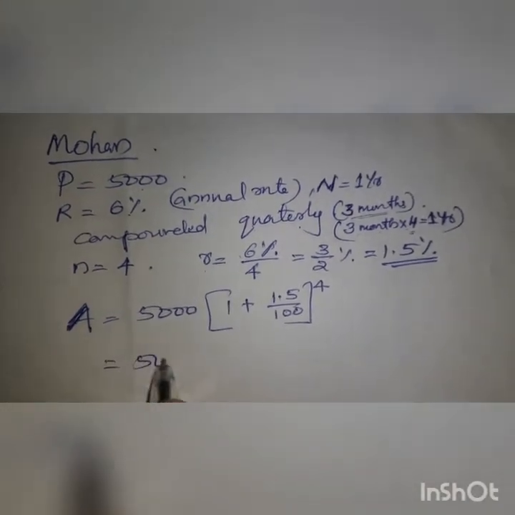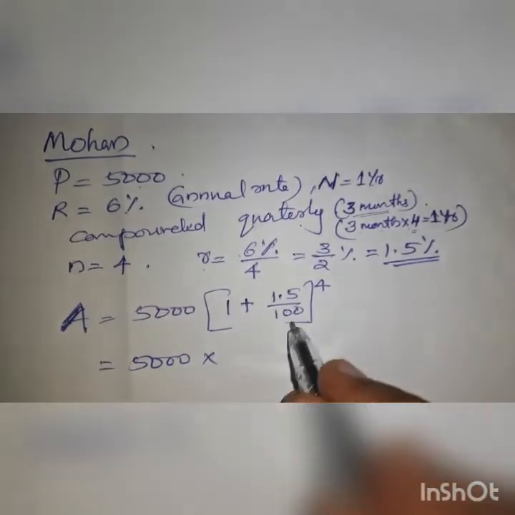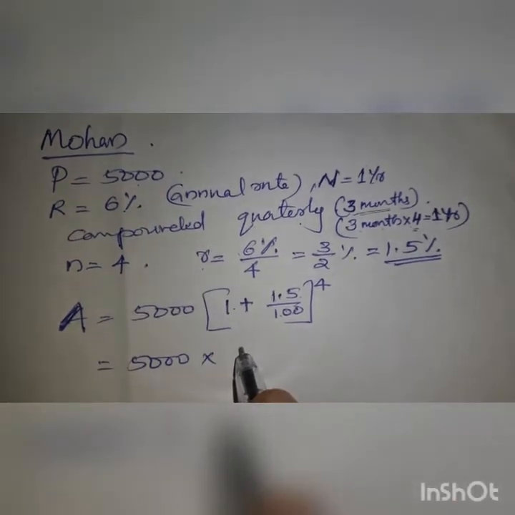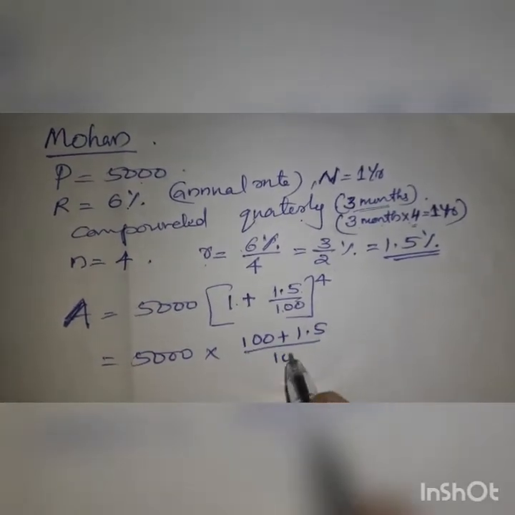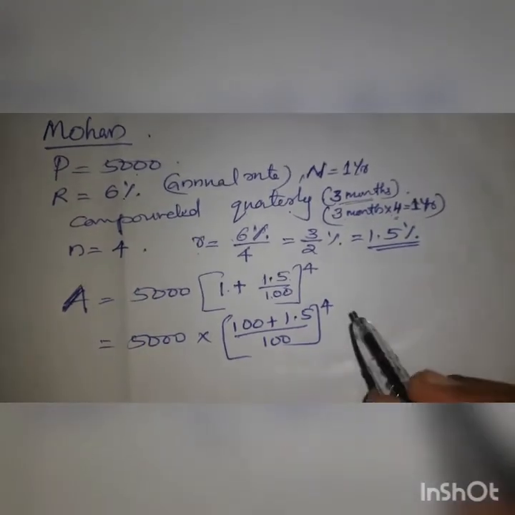So it is 5000 into 1 plus 1.5 by 100. You can write it as 1 into 100 plus 1.5, so it is 100 plus 1.5 by 100, raised to 4.